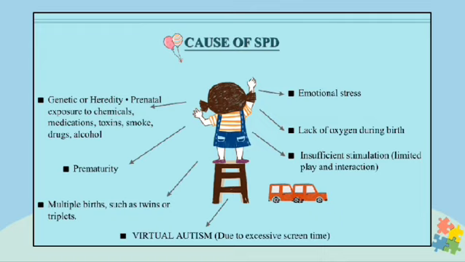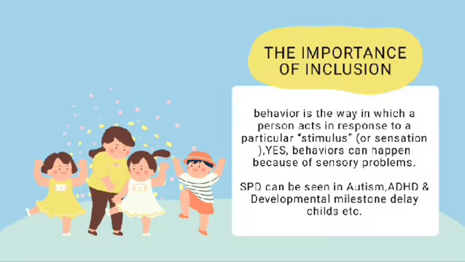This condition happened more in COVID time. Virtual autism is due to excessive screen time. Sensory processing difficulties can be seen in autism, ADHD, and developmental milestone delay in children.